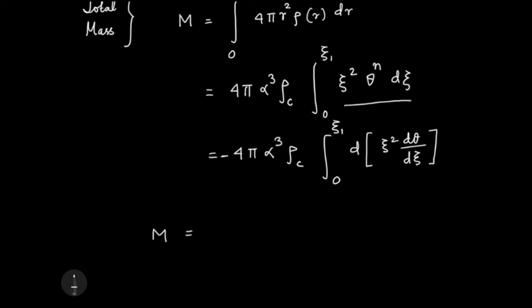I get the mass of the star as minus 4 pi alpha cube rho c times xi1 square d theta d xi evaluated at xi1, which is at the radius of the star.